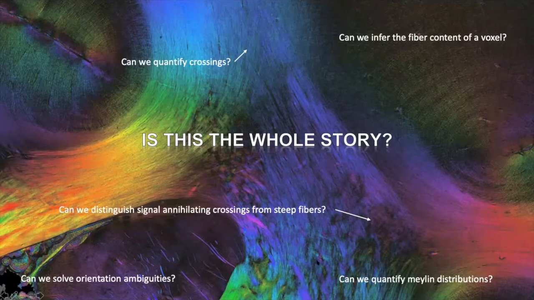So how can we solve them? And of course, the thing people always want to have is the next step of resolution, or can we look into a voxel itself?